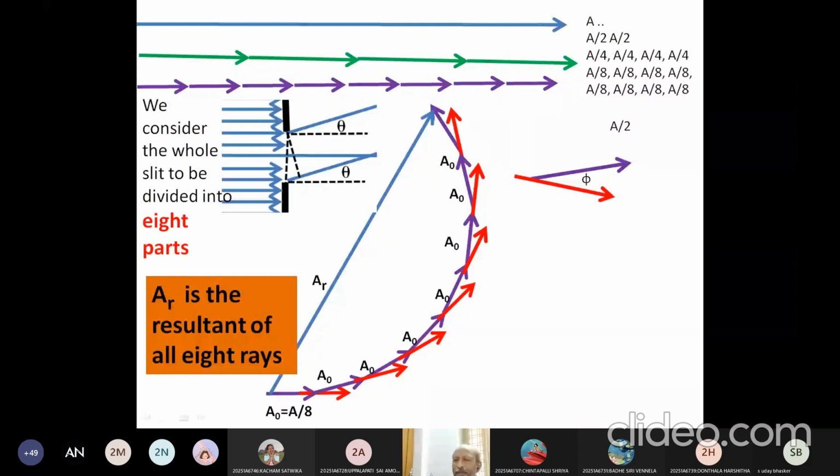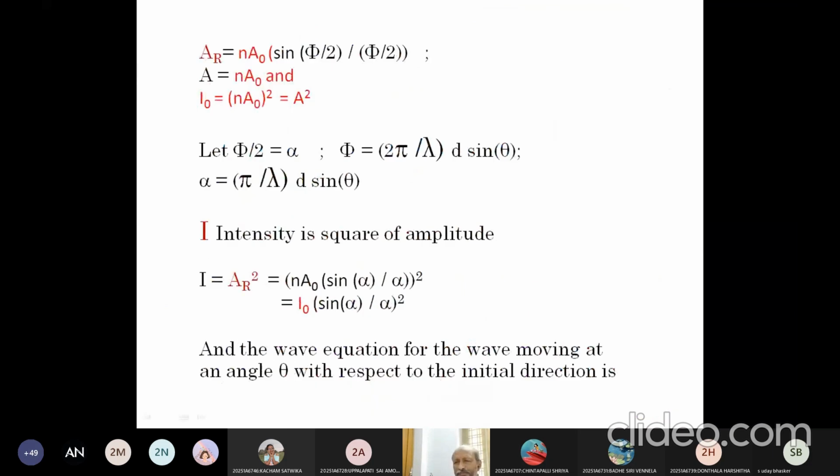Basically, the light rays are propagating in all possible directions, but I am considering what happens to the rays which are going in a direction theta with respect to the original direction. So theta is something which is in my hands. It's a variable. So from this expression, alpha is dependent upon theta.